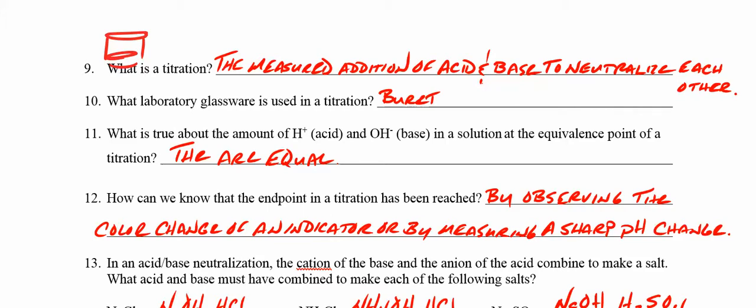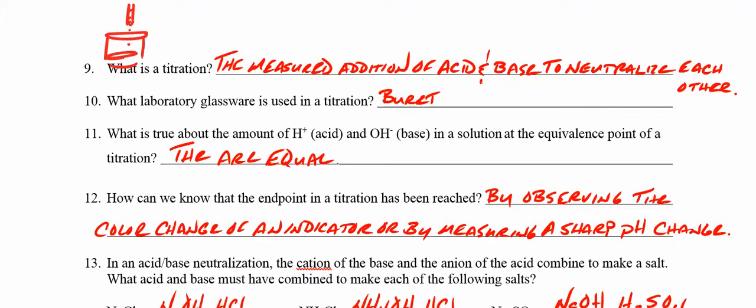And then above that, we place a measured device called a burette. And the burette will drip. If this was a base in the beaker, then it'll drip acid of a known concentration. We'll look to see exactly how much of the acid is added, and we call that a titration. So again, a titration is the measured addition of acid and base to neutralize each other.